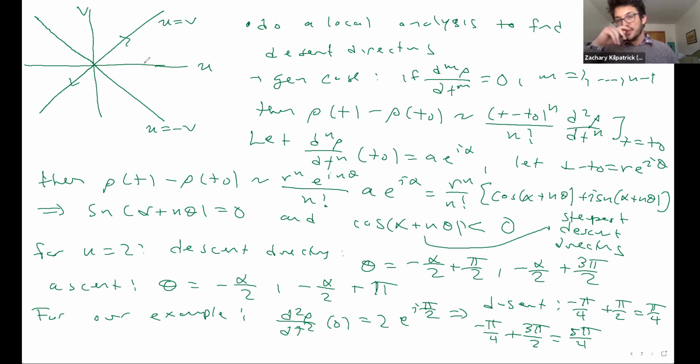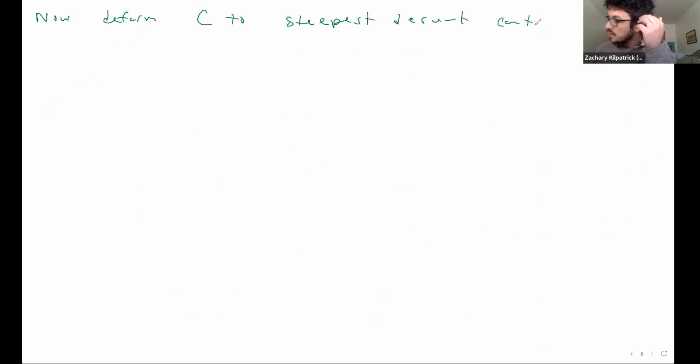And then we're going to have some sort of deformation contours that connect them. And that's going to make for us a contour integral that we can then compute in order to get our integral. Okay. So now we're going to deform C to our steepest descent contour, C prime.